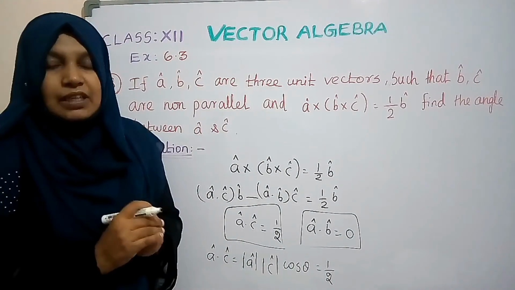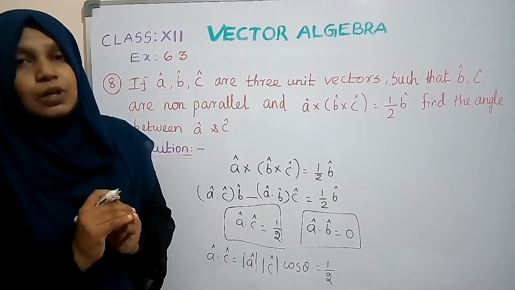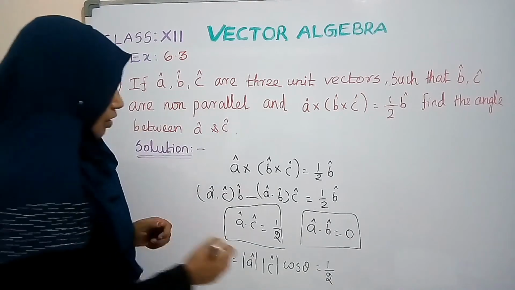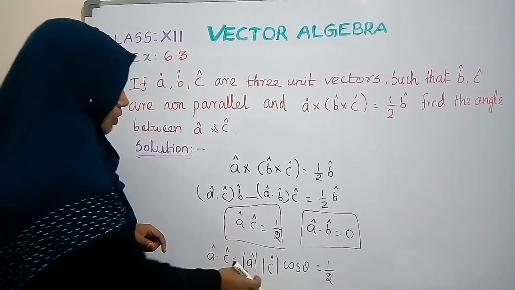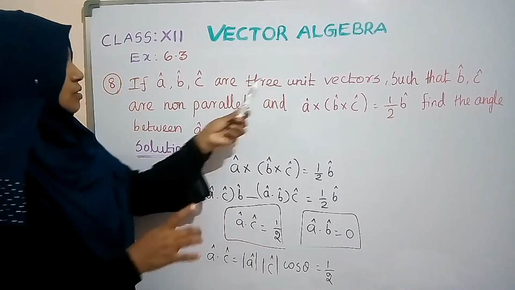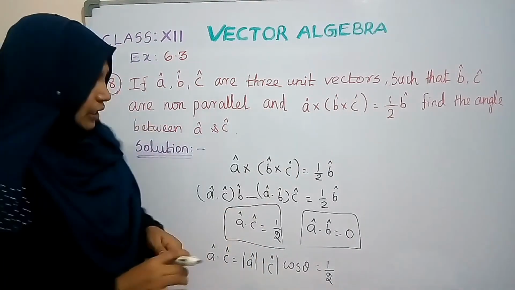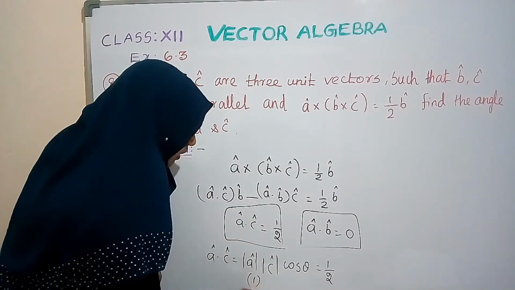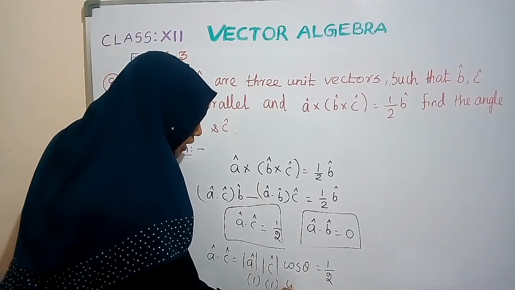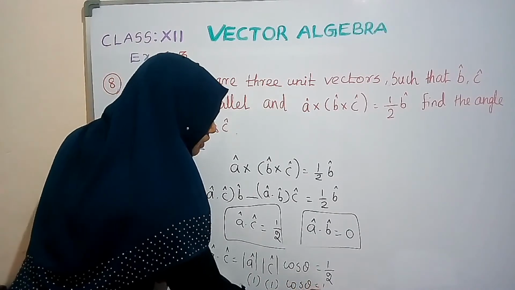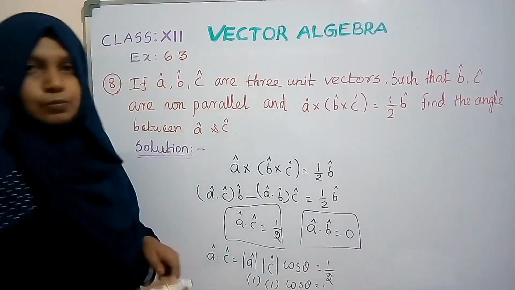A vector dot B vector means modulus of A vector into modulus of B vector cos theta. So that formula only I wrote, that is equal to 1 by 2. What is the modulus value? The length is 1 because they are unit vectors. So we can write 1 for modulus of A cap and also 1 for modulus of C cap into cos theta is equal to 1 by 2.